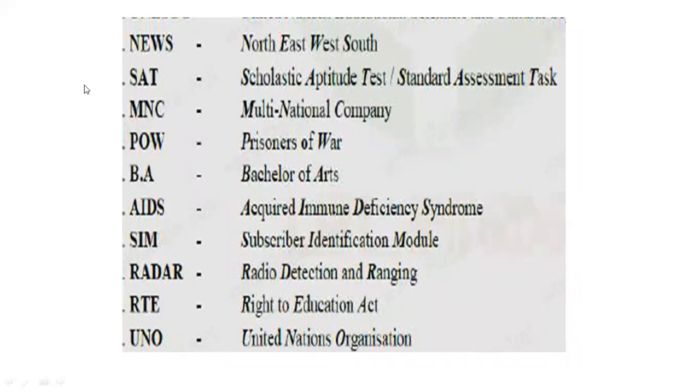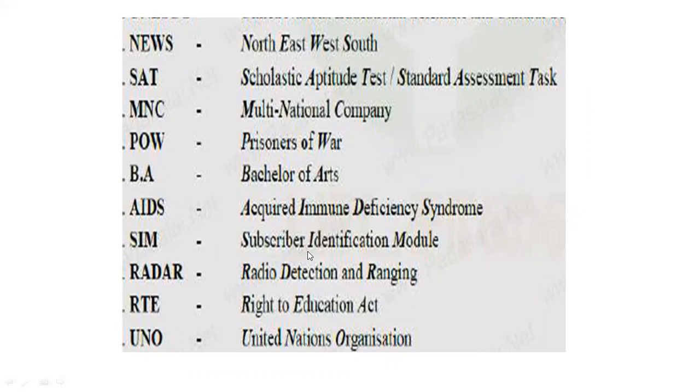News. What is the abbreviation for news? North, East, West, South. SAT, Scholastic Aptitude Test or Standard Assessment Task. MNC, Multinational Company. POW, Prisoners of War. BA, Bachelor of Arts. AIDS, Acquired Immune Deficiency Syndrome.